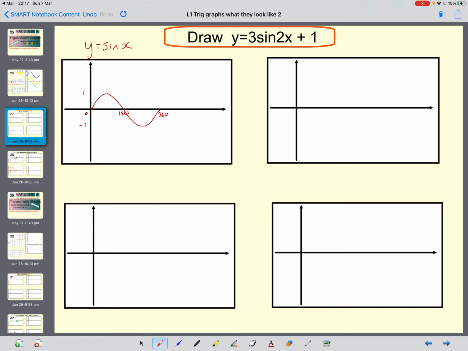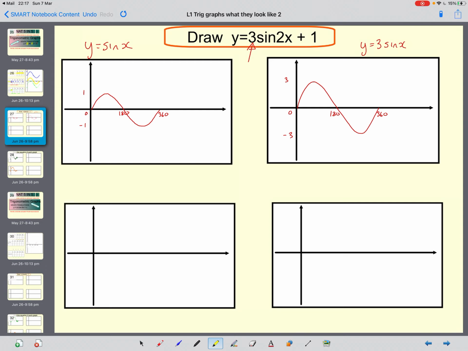What if I now take into account this amplitude at the beginning? I want to draw y equals 3 sine x. It's going to stretch in the y direction. Still a period of 360, but now it goes up to 3 and down to negative 3.